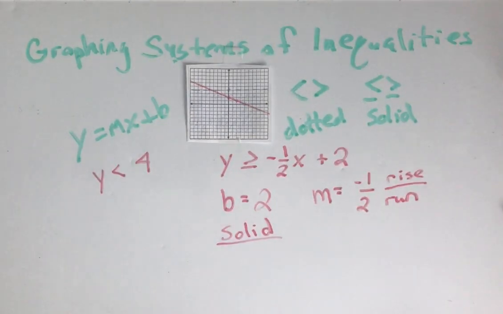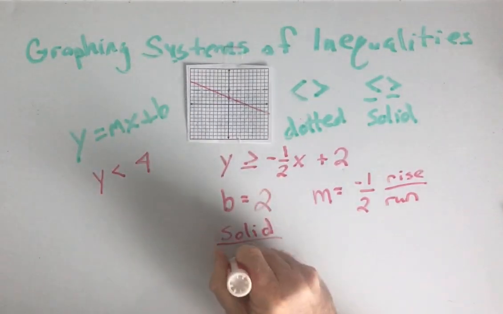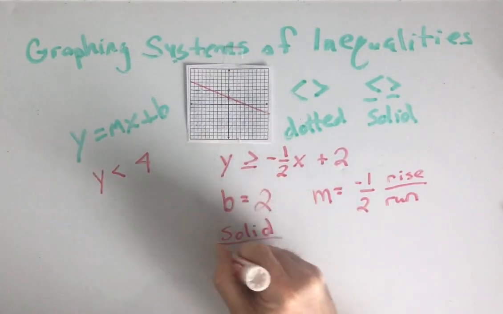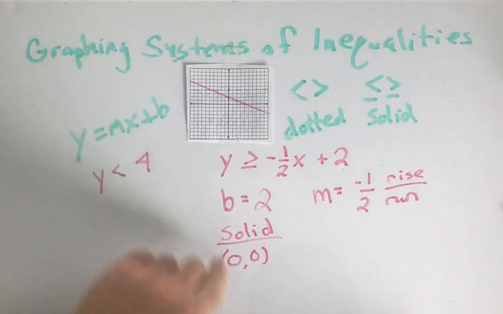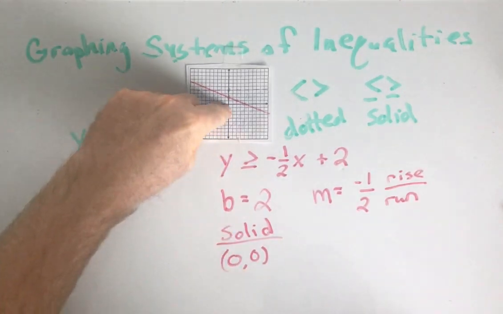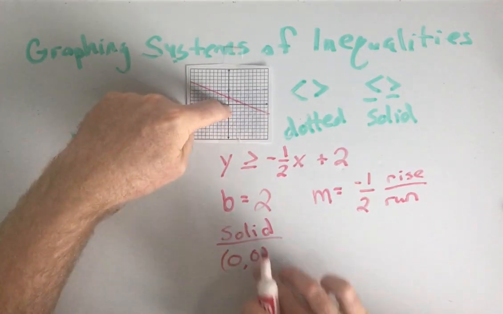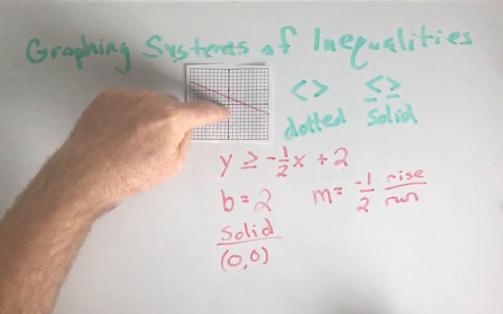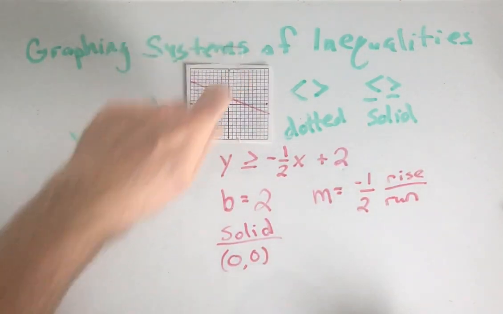Now I need to determine where am I going to shade. All right. Well, I like to pick the point 0, 0. Because it clears things out. It makes it a lot easier, I think. If I pick 0, 0 and I look to see, is that true? If 0, 0 works in this inequality, then I will shade this side. If 0, 0 doesn't work, I will shade the other side of the line.